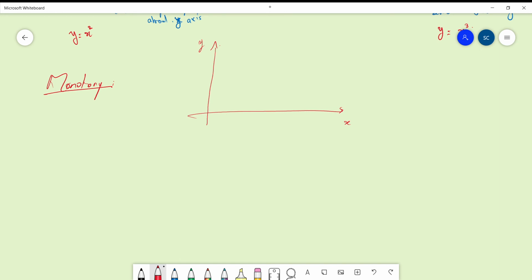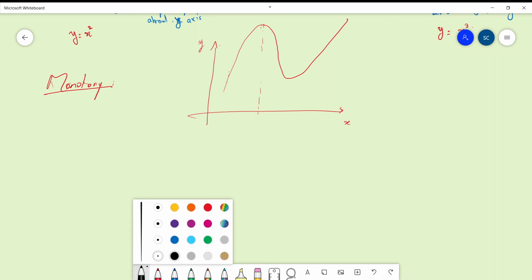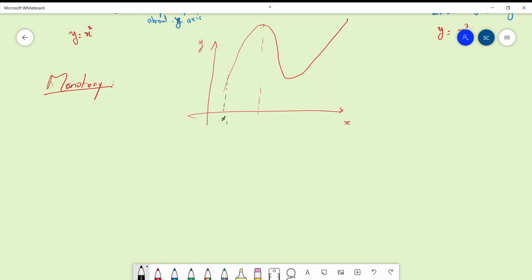So if you have a behavior like that of your function, let's say we are at this maximum point here. If you take two values before this point, if you compare an x1 here with an x2 here, you compare the values taken. Here is f of x1 and here is f of x2.